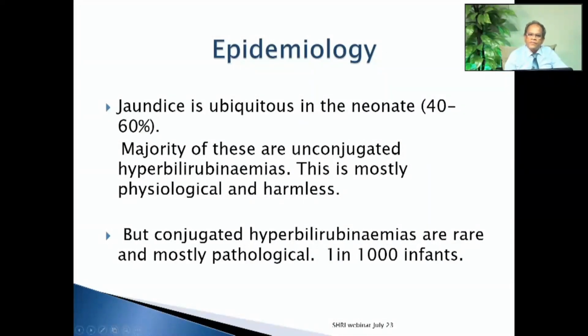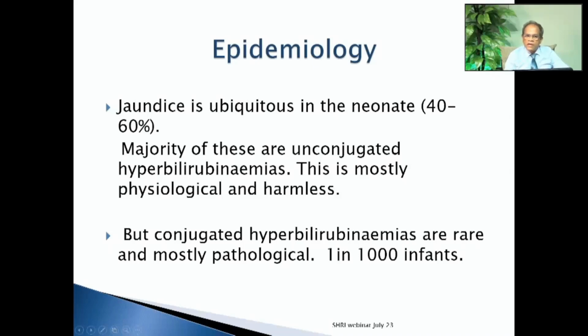So we are going to start with the epidemiology. Now, as all of you know, jaundice is a very common, ubiquitous finding in neonates. So much so that about half the neonates will have some form of jaundice, usually physiological jaundice, which will normally disappear by the second week of life, and it might last a little longer in the breastfed baby, up to about 3 weeks.